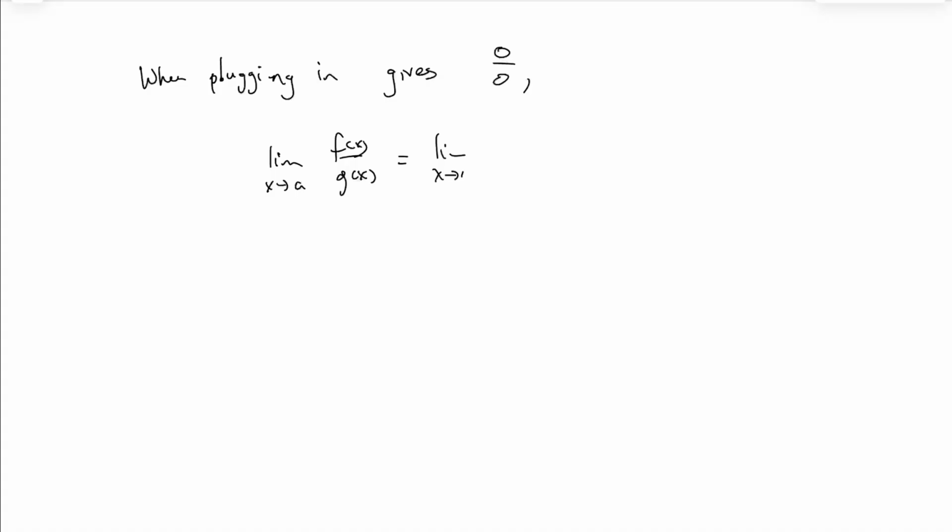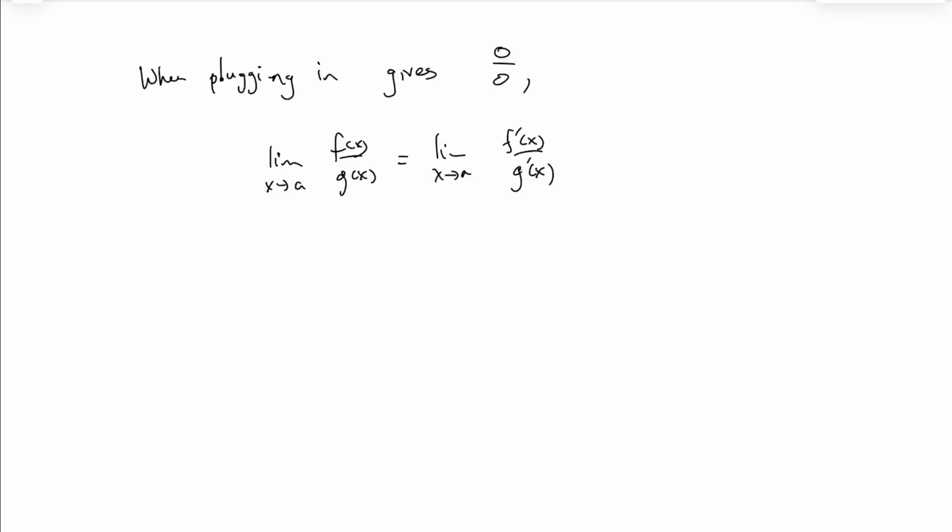The rule is when plugging in gives 0 over 0, then you can do this weird trick. The limit as x goes to a of f of x over g of x is the same as the limit as x goes to a of f prime of x over g prime of x.